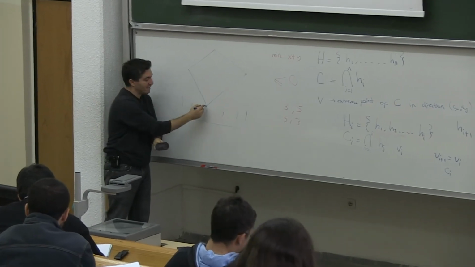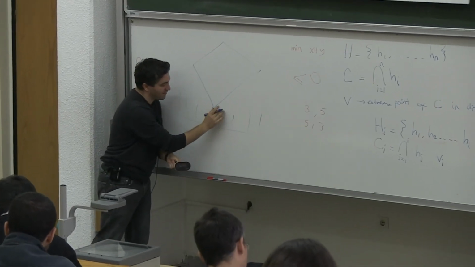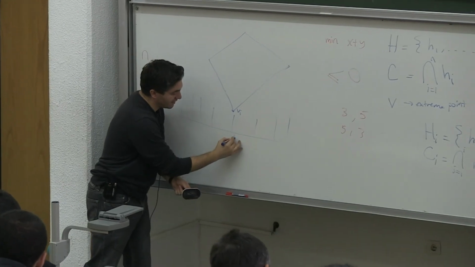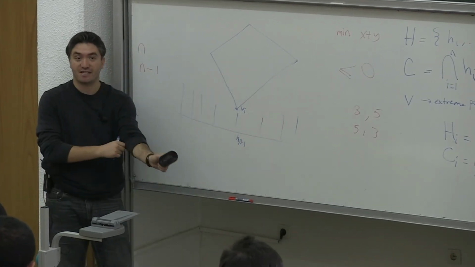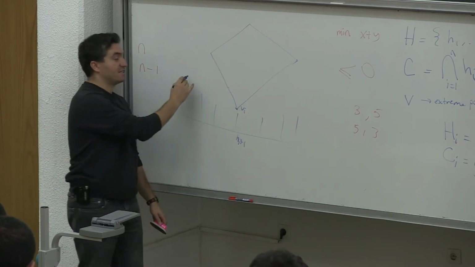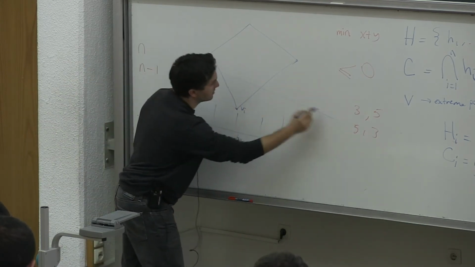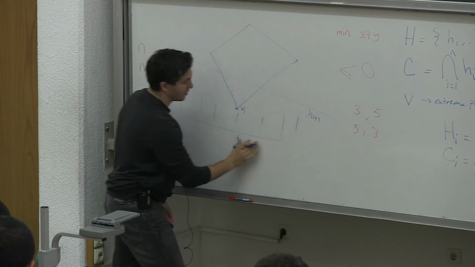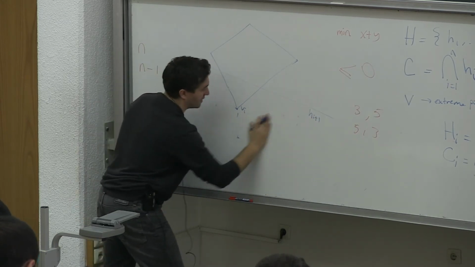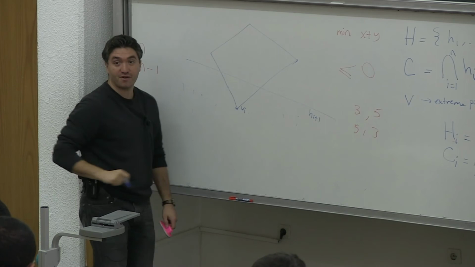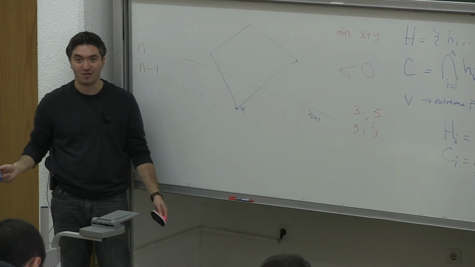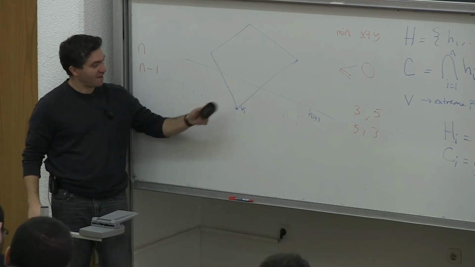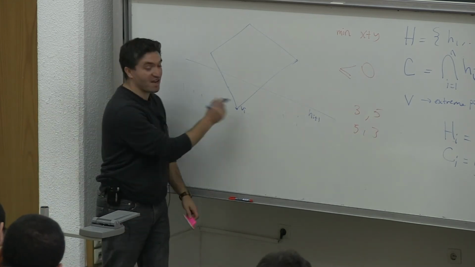So if this Vi is included in hi plus 1, this will still be the extreme point. If it's not included, imagine hi plus 1 is this. In that case, as you can see, our previous extreme point is no longer a valid solution. So Vi plus 1 is not Vi anymore.